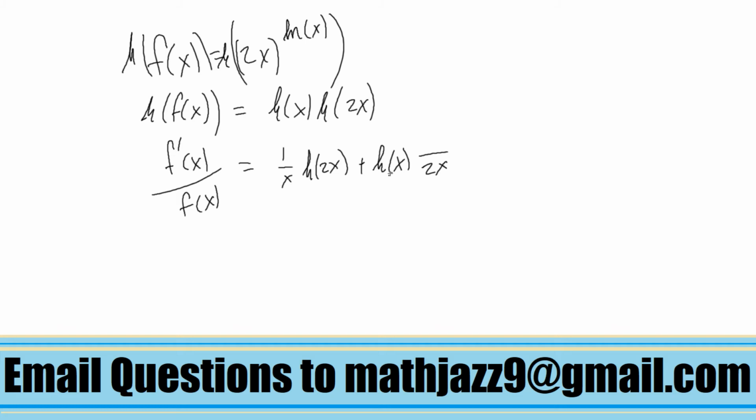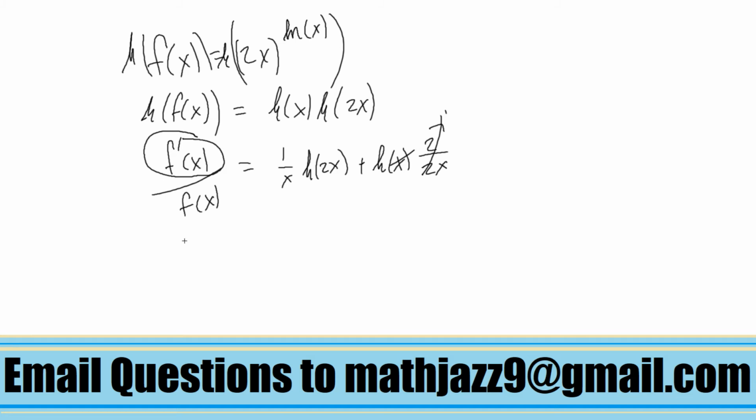We get 2x in the denominator, 2 in the numerator, because 2x is the argument, goes in the denominator, and then the derivative of 2x is 2, and that goes in the numerator. So this is our derivative. The 2's will cancel, so that goes to 1.